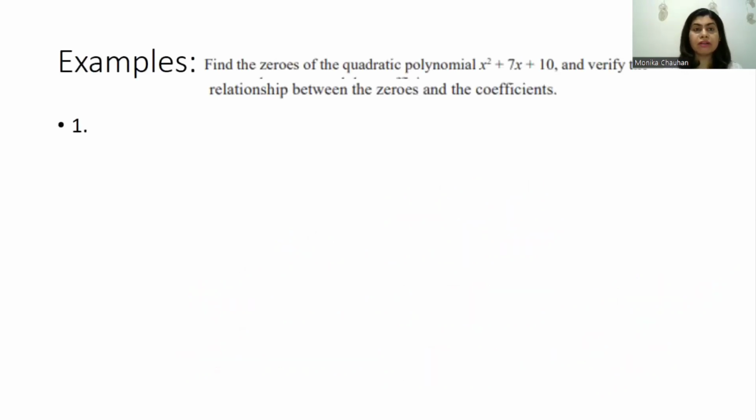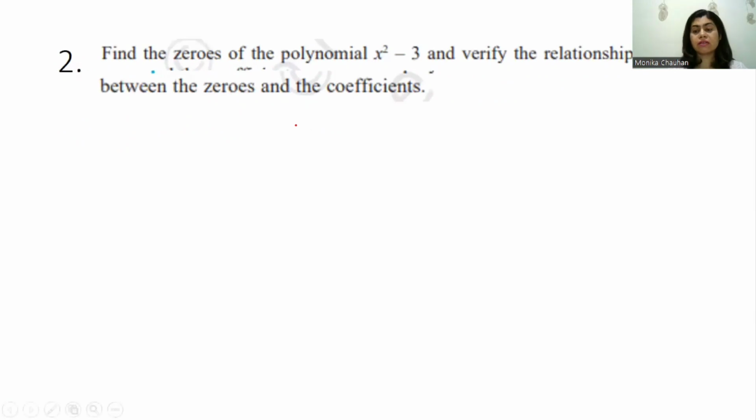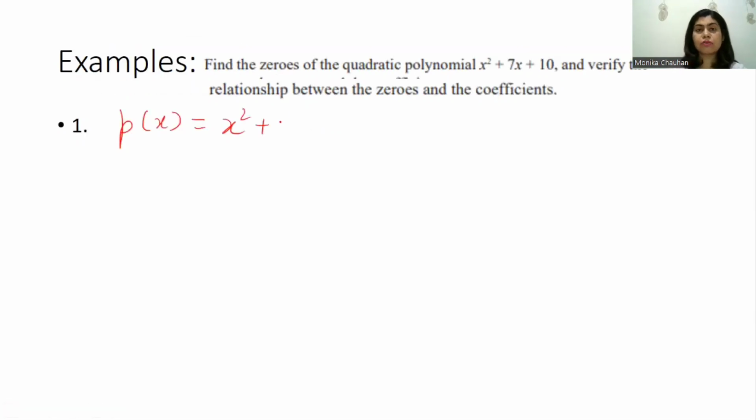So if you look here, I have written: find the zeros of this quadratic polynomial and also verify the relationship. So let's see one more time so that it is very easy for you all. My polynomial p(x) is x square plus 7x plus 10.